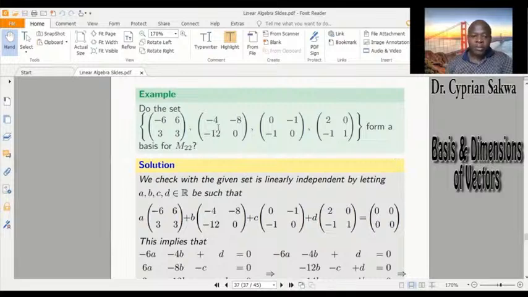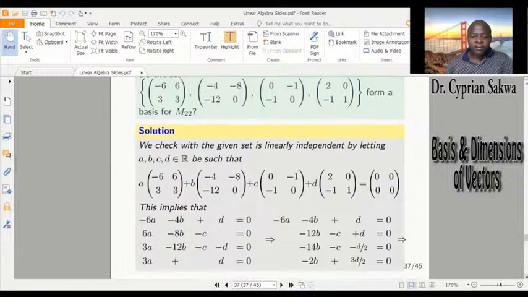Can you obtain scalars A, B, C, D, which when you multiply by these and then add, you get a 0? Will those scalars be all 0? So let me show what I did. I said, let me have the scalars A, B, C, D. So A times the first matrix plus B times the second matrix plus C times the third matrix plus D times the fourth matrix equals 0.